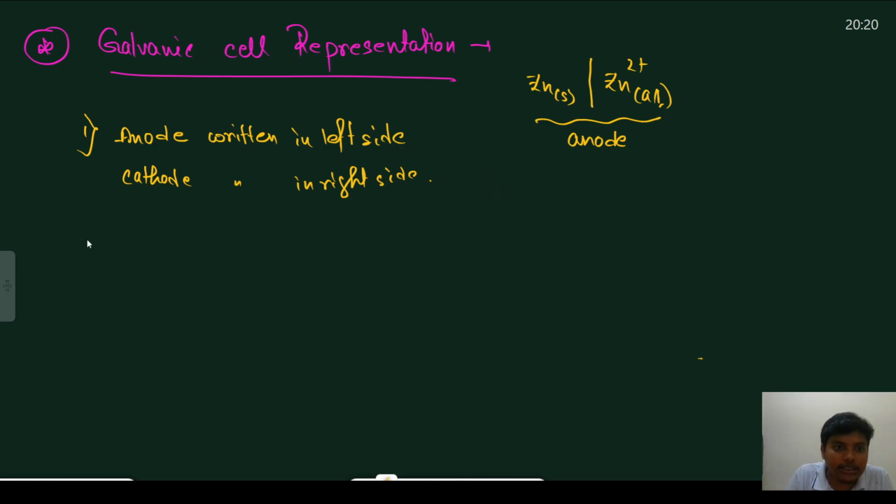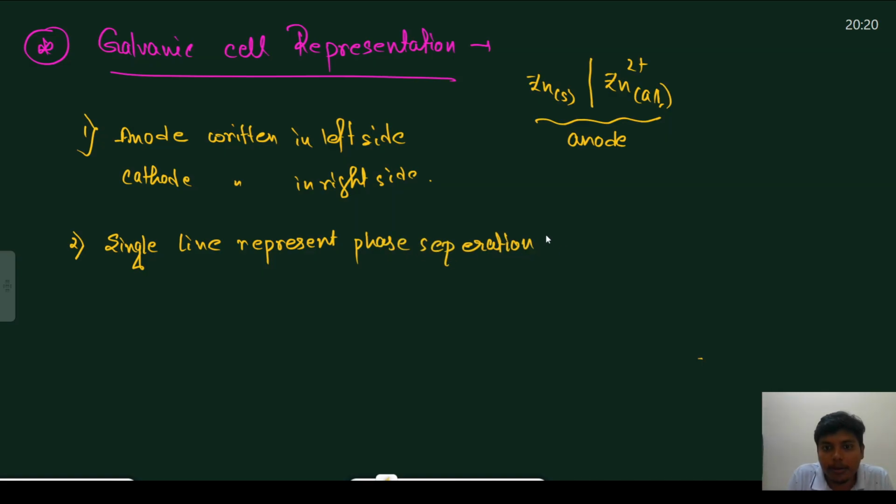Yes, sir. So what is the second point? That single line represents phase separation between electrode and electrolyte.